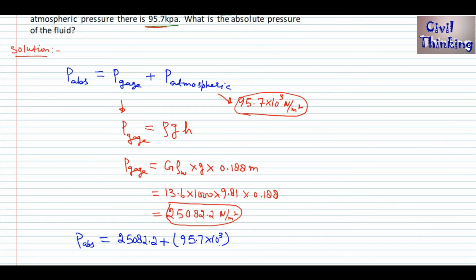Now let me use a calculator. I get P absolute equal to 120,782.2 Newton per meter square, or pascals.